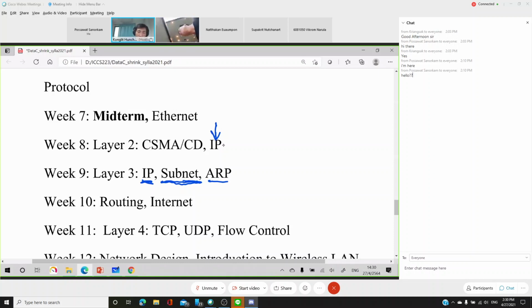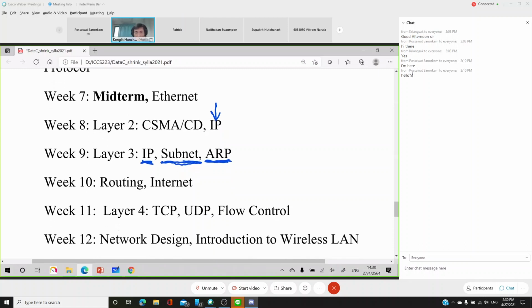We're going to deal with IP addresses and with what we call the MAC address, the hardware address. And there's a protocol called ARP that connects the IP address to the MAC address.